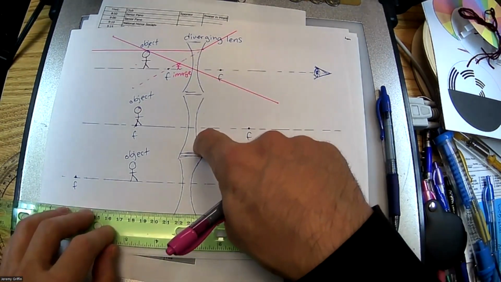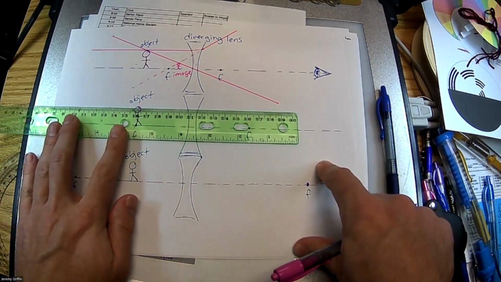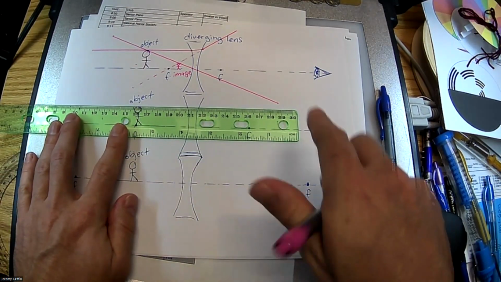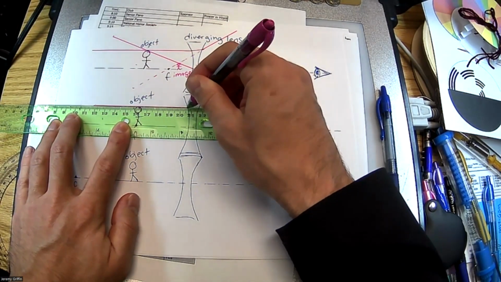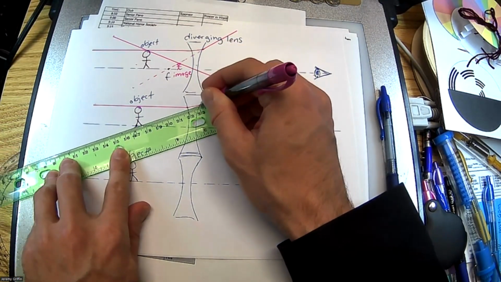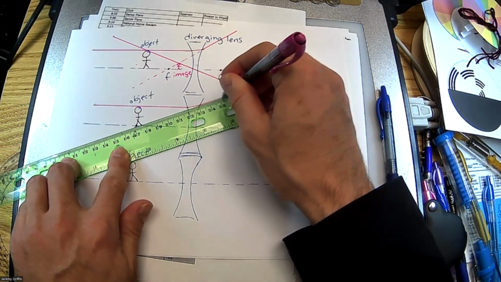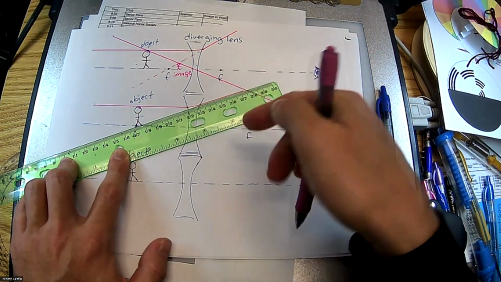All right, let's try it for what if this guy's sitting right on top of the focal point? What's that going to do? So same rules we've been doing. Let's go line parallel to the ground, across the top of his head. That's going to diverge, and then line your ruler up with that focal point to see exactly which way that light ray takes off.